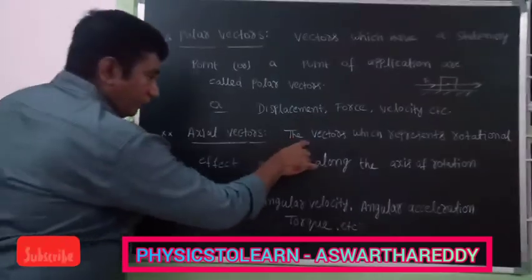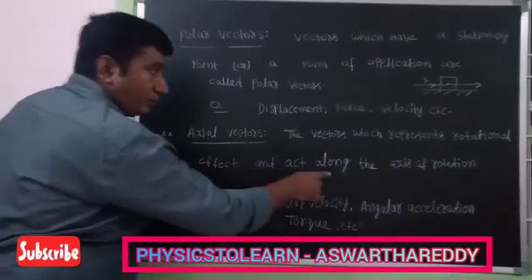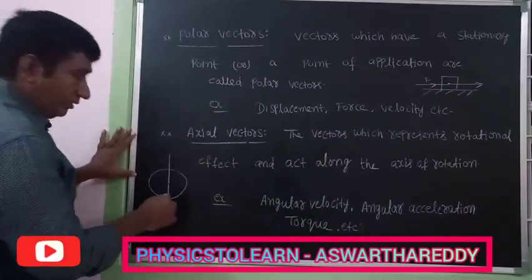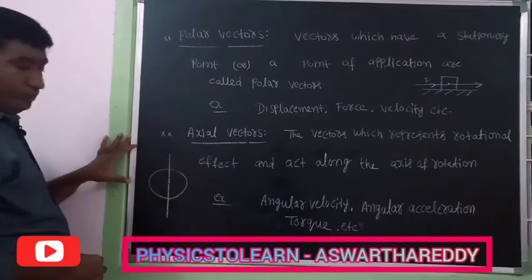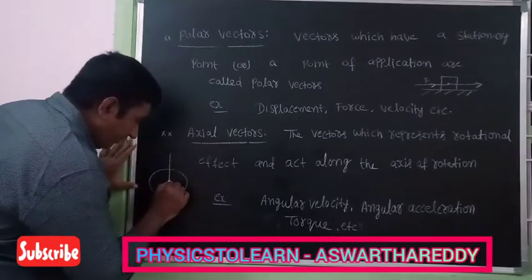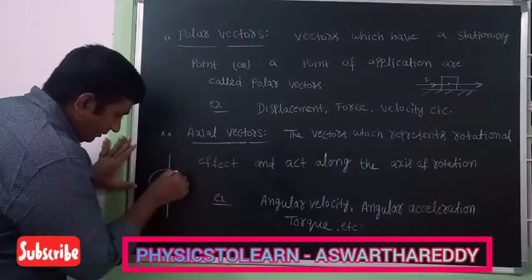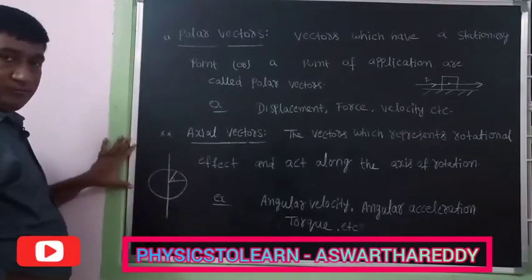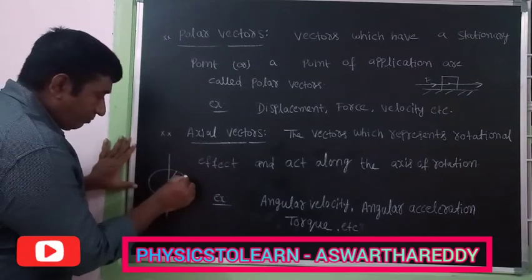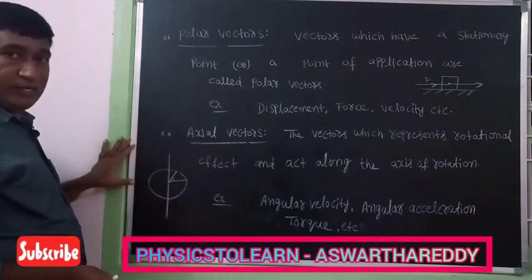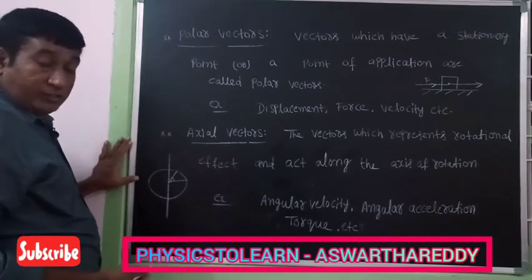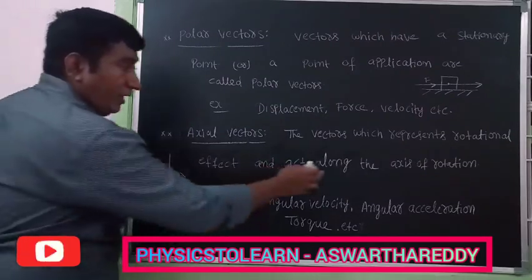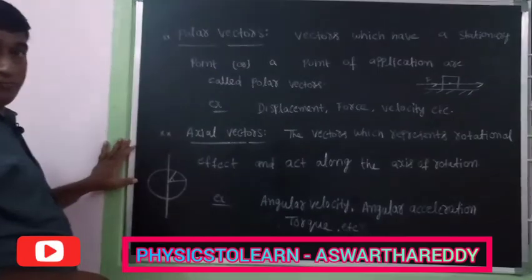This vector represents rotational effect along the axis of rotation, and it depends upon the axis of rotation. If it makes some angle like this, this will be theta, the angular displacement. Whenever it moves from this point to this point, it will have some angular velocity, which changes depending upon the axis of rotation.